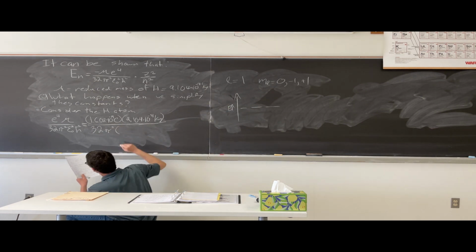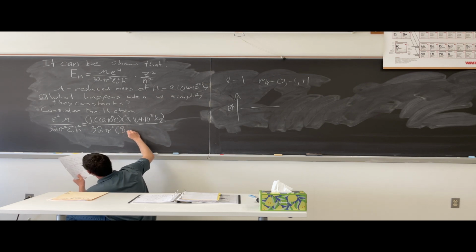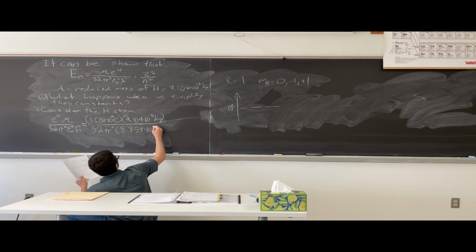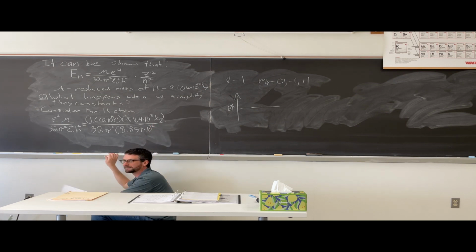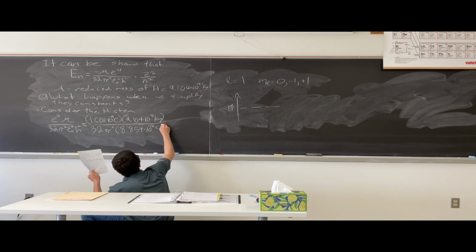Anybody remember that one? Yep, it is 10 to the negative 12. Hey, you're better than me, I didn't even know 10 to the negative 12. Do you remember what units that thing had? Coulomb squared per joule times meter.